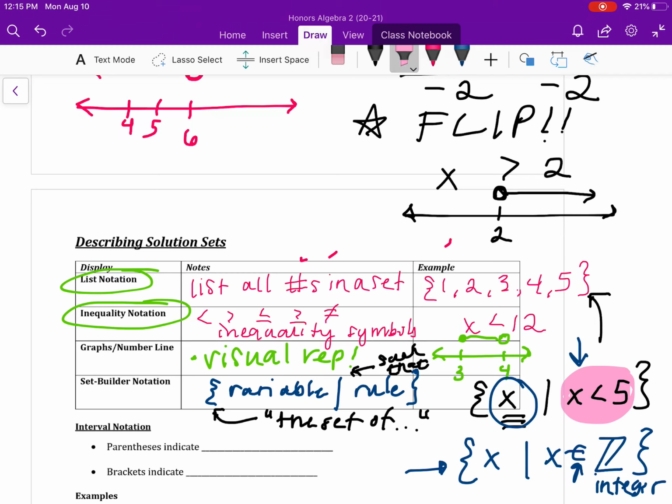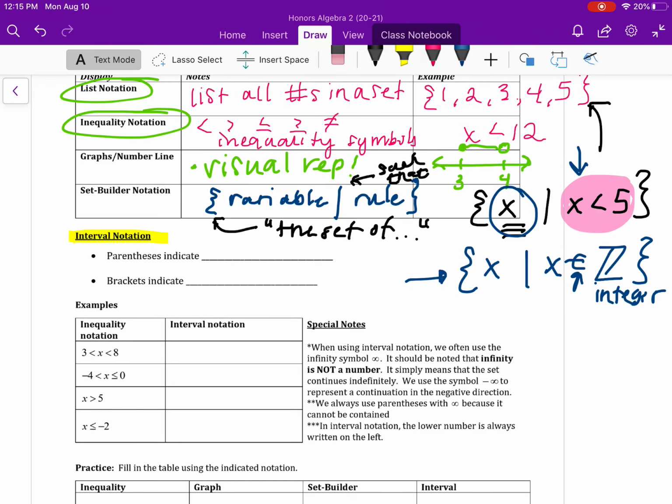So now there's this other one, and this is the one I want you to pay really close attention to. This is called interval notation. So kind of pay close attention to this guy. Interval notation, if I were you, I would write a little note to yourself. It's basically like left and right endpoints, right?